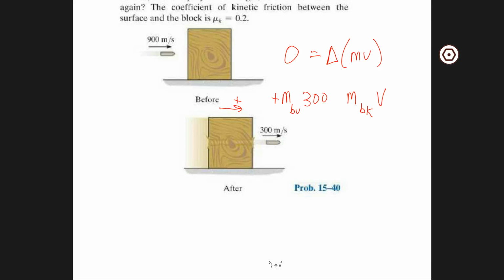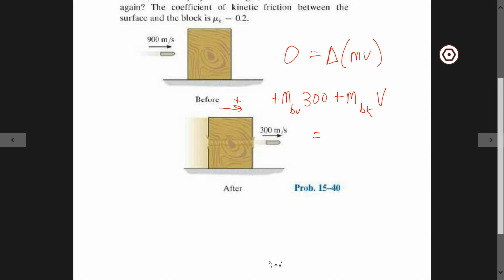Well, it depends on V, right? I don't know which way it's going. I'm going to assume it goes to the right, so I'm going to put it in as a plus. Now, when I solve for it, I'm going to get a plus or a minus on the V. A positive number on V, what does that tell me? I'm correct. A negative, what does it tell me? I blew it again. We know it's going to end up being a positive because you don't shoot something that comes at you. Well, maybe a bear does, right? But a block, no. Okay, equals.